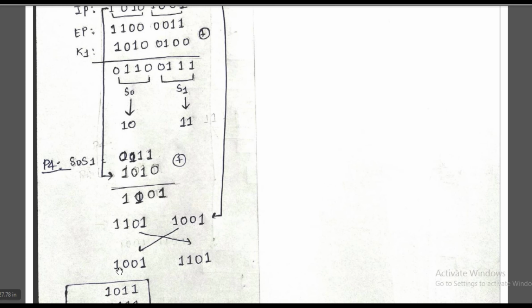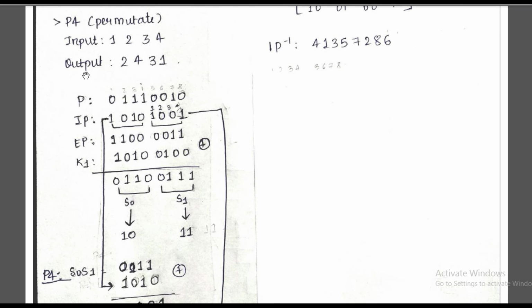So now we have the output as 1101 and 1001. Now we need to swap it, and after swapping we have 1001 and 1101. So these will be the 8 bits which will be the input for the second round.